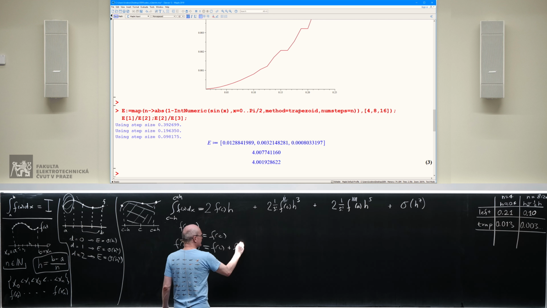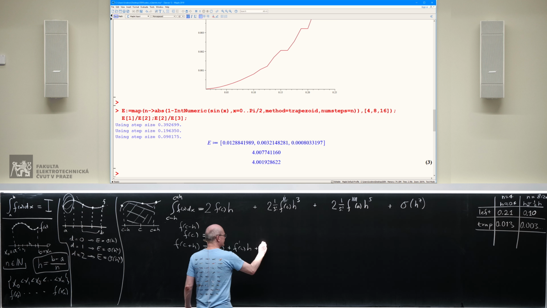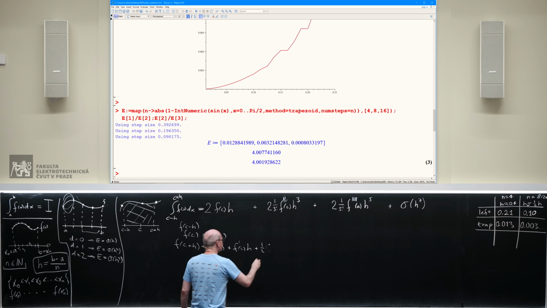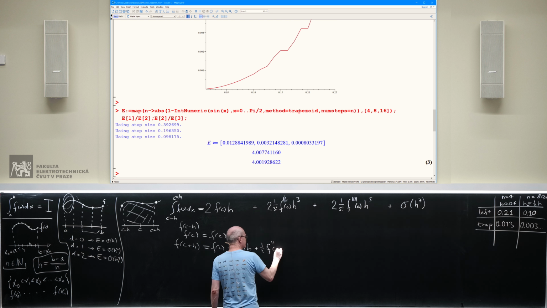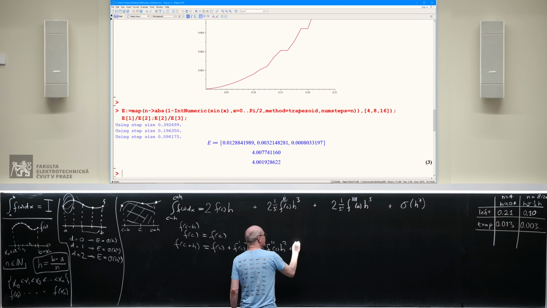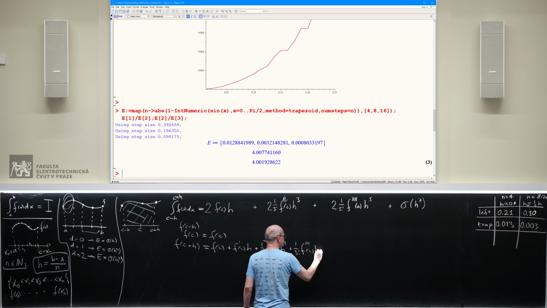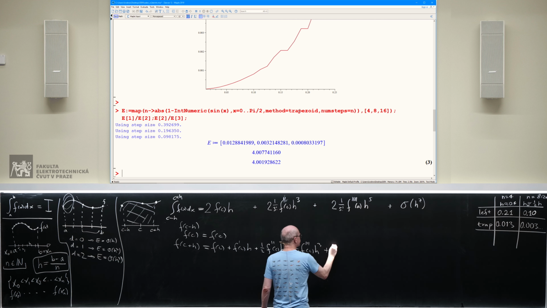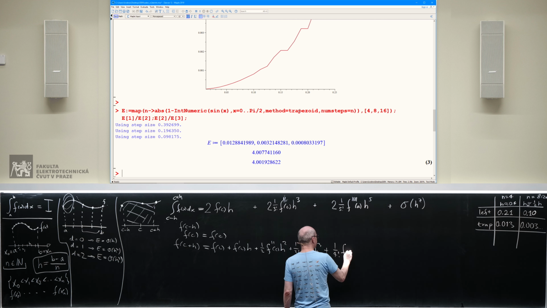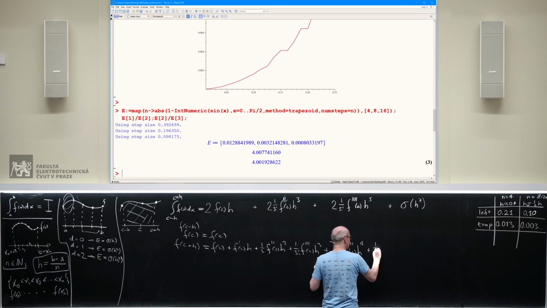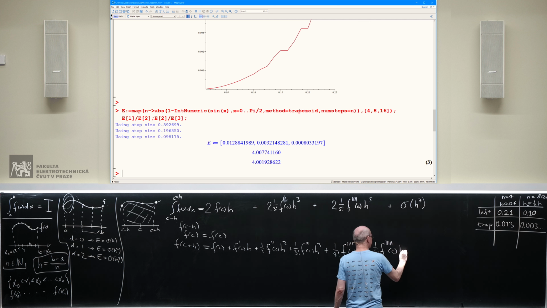For f(c plus h), we had an expansion. f(c) plus f prime c h plus 1 over 2 f double prime c h squared plus 1 over 3 factorial f triple prime c h cubed plus 1 over 4 factorial f fourth derivative c h to the power 4 plus 1 over 5 factorial f fifth derivative c h^5.